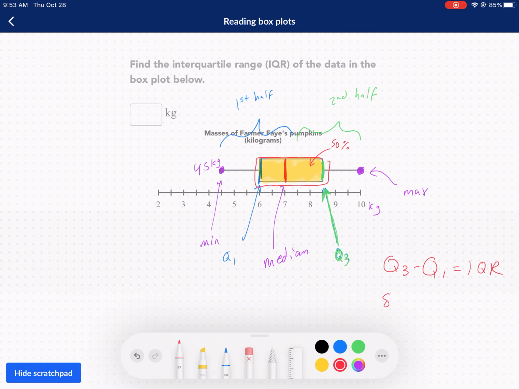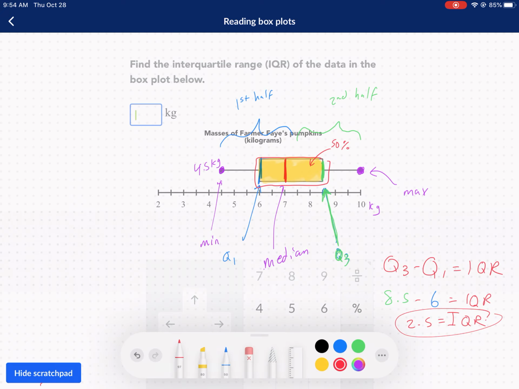Q3 is 8.5, according to this, and Q1 is 6. So we subtract those to get our interquartile range, which is 2.5. That is our IQR, so we're going to type that in.